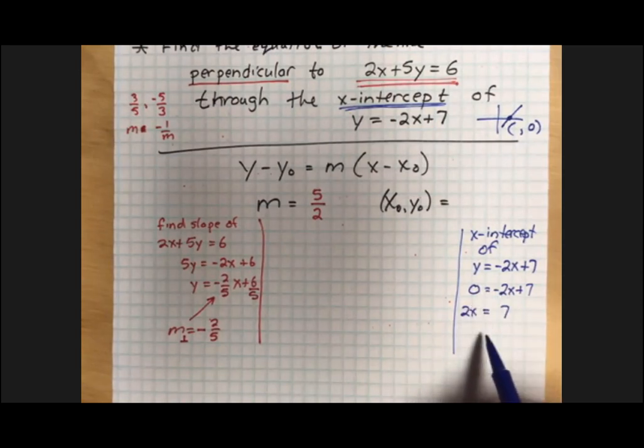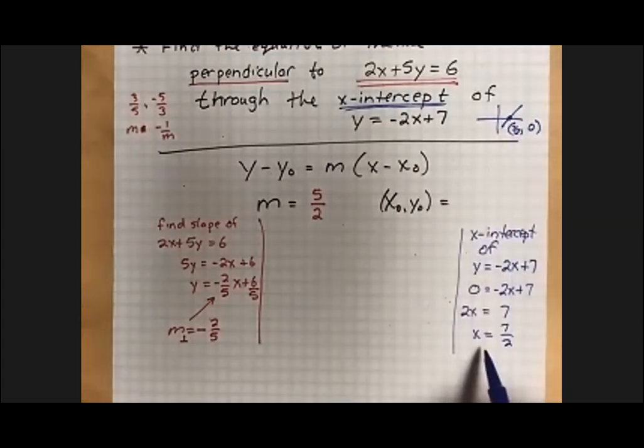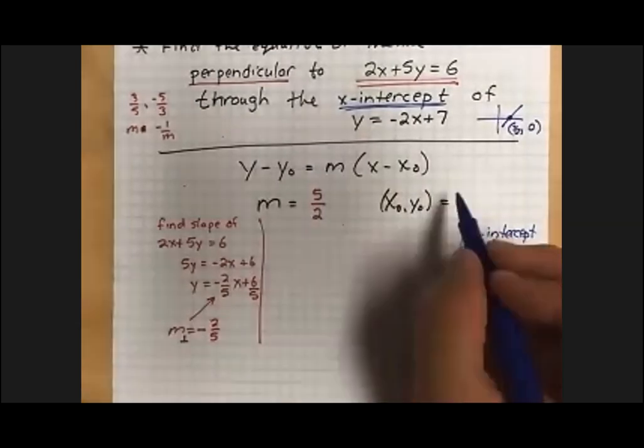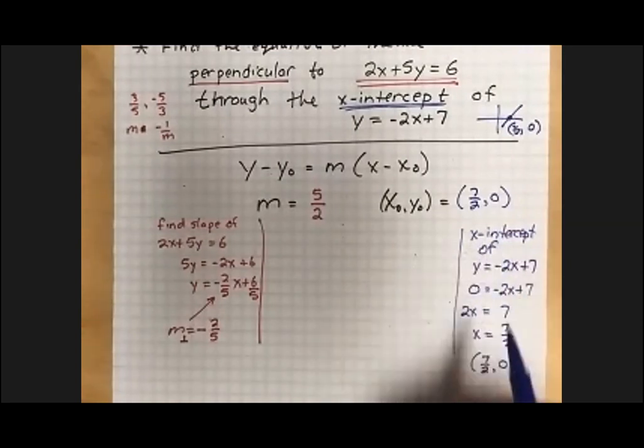When I divide by 2, x is equal to 7/2. That means that line crosses the x-axis at 7/2. They did give me a point, just not in a pleasant way, in a sneaky, underhanded way. But I don't know if it's sneaky. I mean, they couldn't hide it from me. I found it.